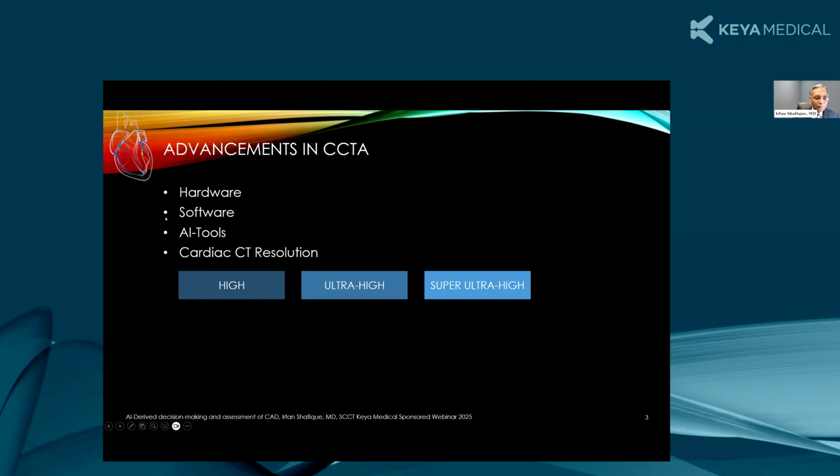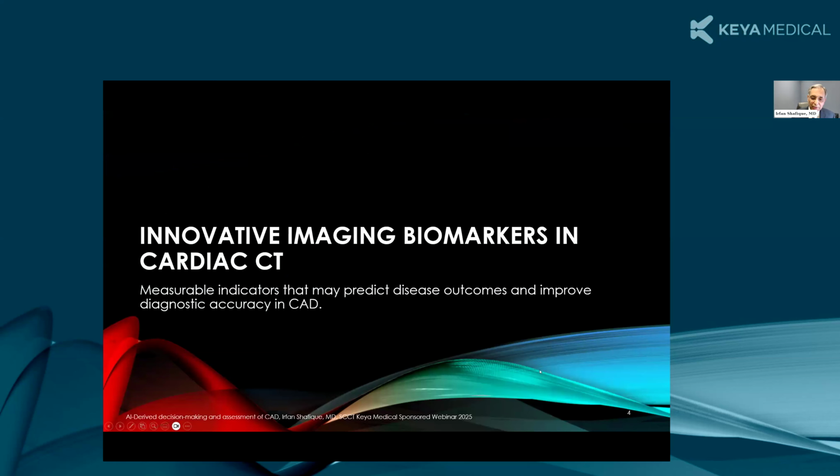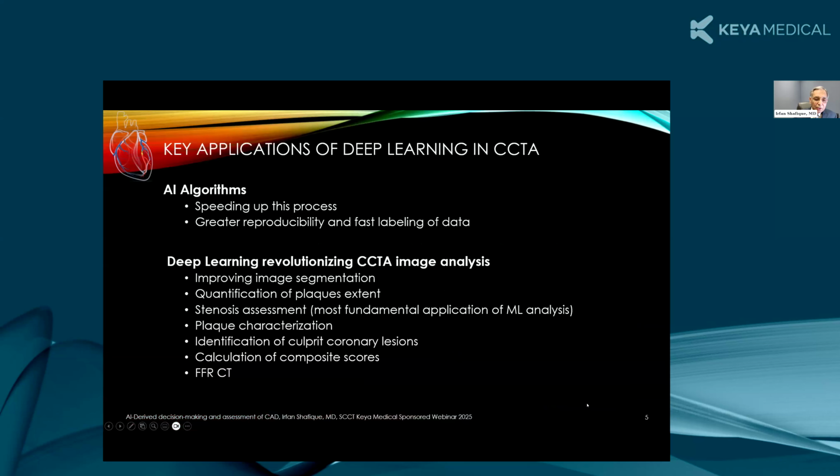New software and AI tools have also added to CT resolution, from high to ultra high to super ultra high resolution, which has enabled us to look at imaging biomarkers in cardiac CT, which are measurable indicators that may predict disease outcome and improve diagnostic accuracy.